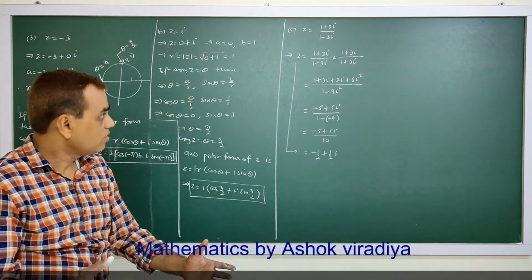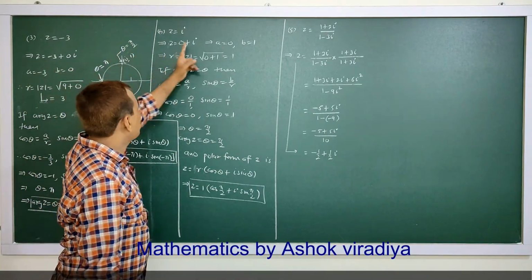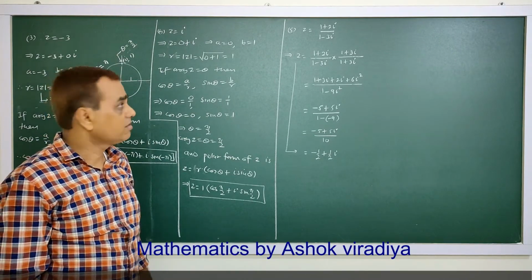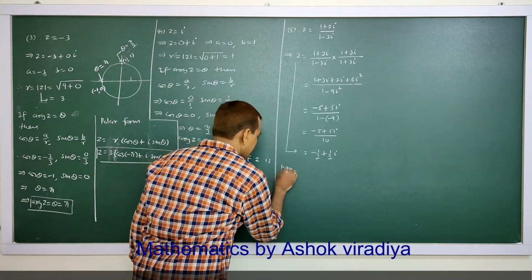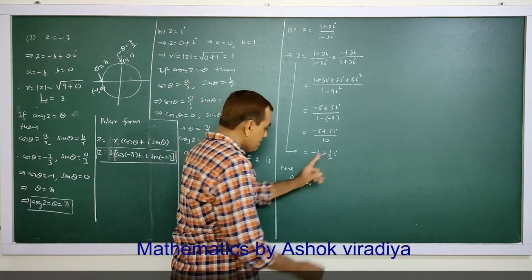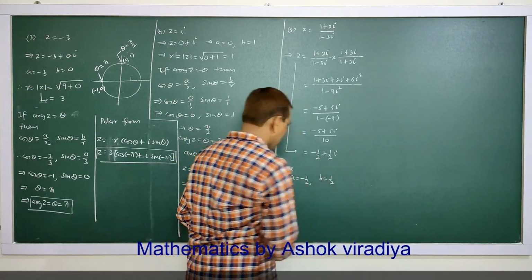And now, after converting into standard form a plus bi, we perform this procedure. So here a is minus 1 by 2, b is 1 by 2.